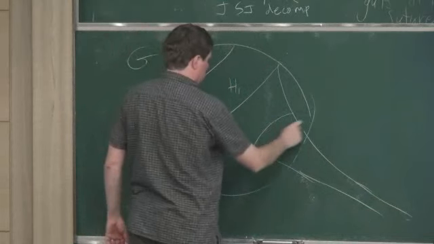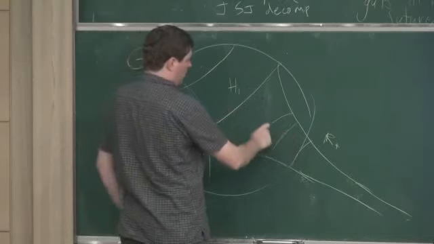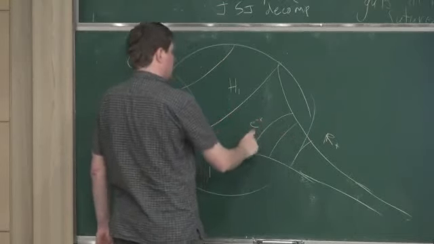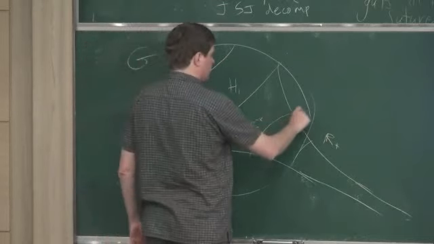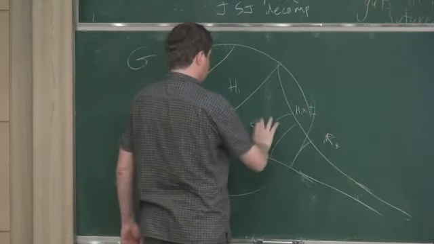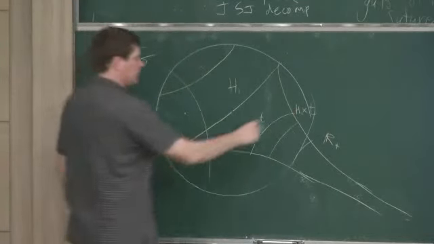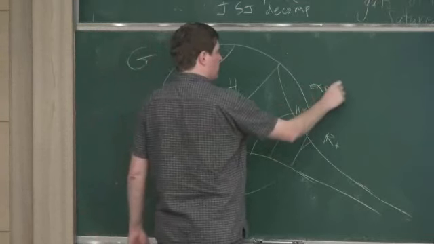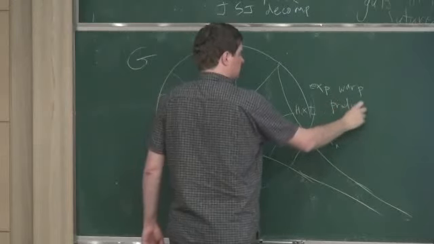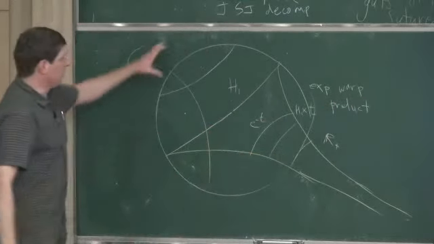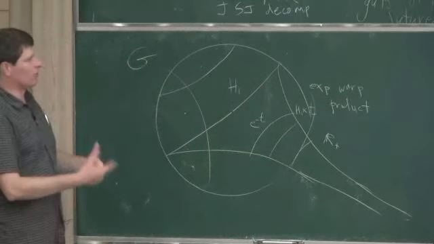So you take a product with R plus, but you warp this so that the metric on each cross section, so this is H1 crossed with t, is e to the minus t times the metric on H. So it's an exponential warped product, and you attach on these things to the Cayley graph, or you can take anything quasi-isometric to G. You know, G acts cocompactly on some space.